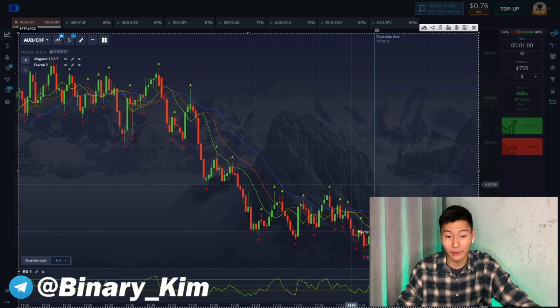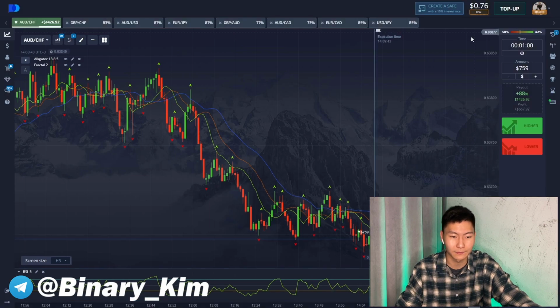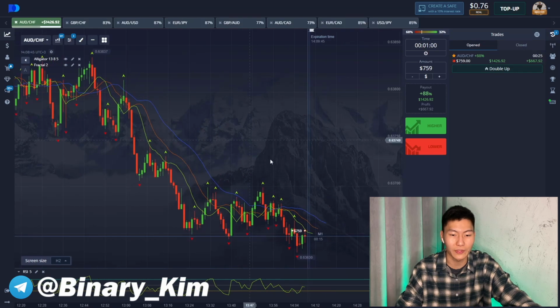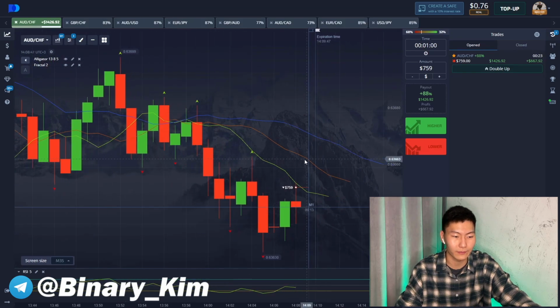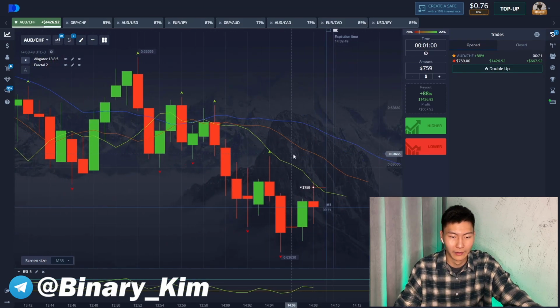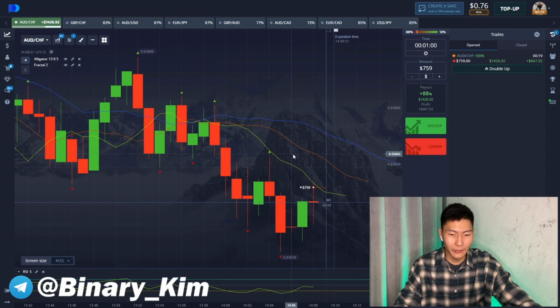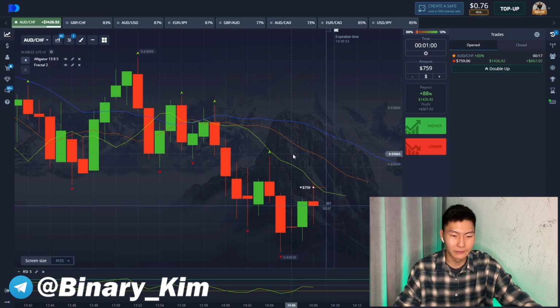And overall, according to the RSI, there is a small correction in the zone exactly that we saw here and here, after which the price movement should go lower. That's why we open a short position. And there are literally 20 seconds left before the closing.